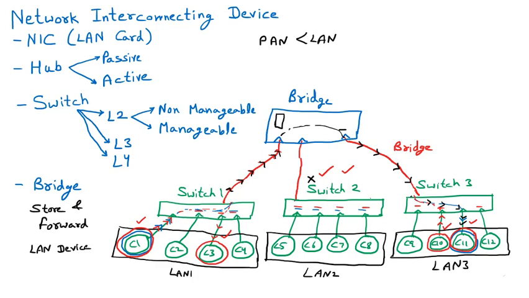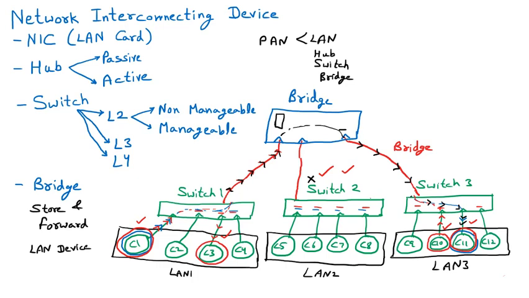Local network has very high speed. Why? Because the network size is small. And the devices in the LAN, we should know all the devices which we are learning, just like the hub, the switch, bridge, gateway. So these are the LAN devices.